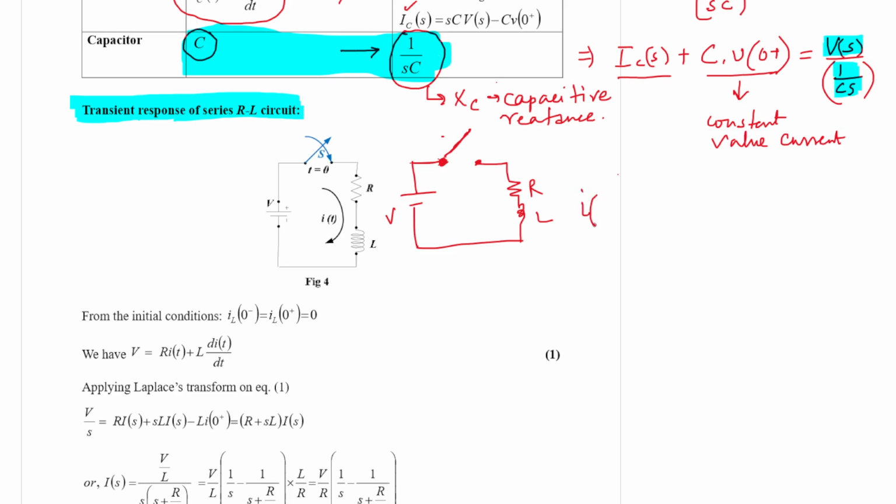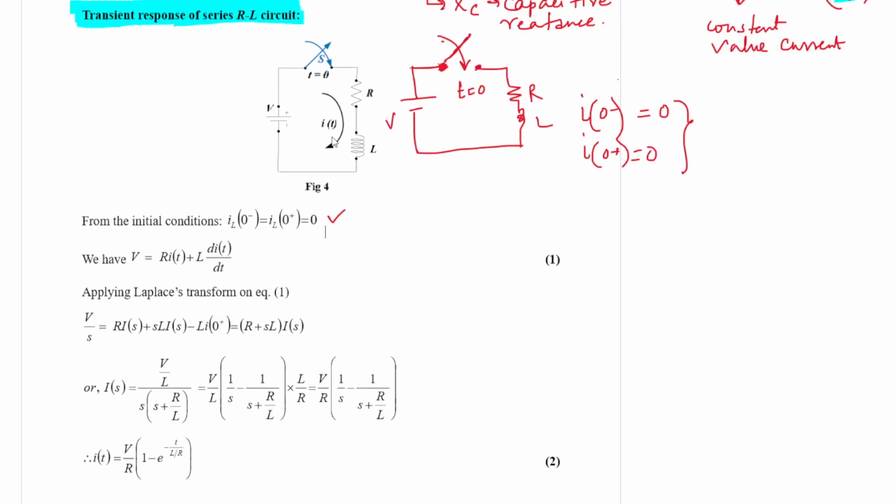So we can write I0 minus should be equal to 0. As the moment the switch is closed at t is equal to 0, I0 plus will also be 0, because we have understood that through an inductor there should not be any instantaneous current change. So IL0 minus should be equal to IL0 plus. That is our initial condition.